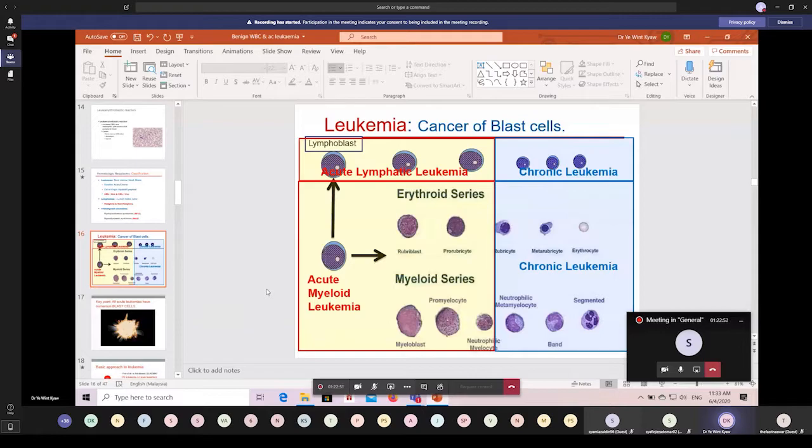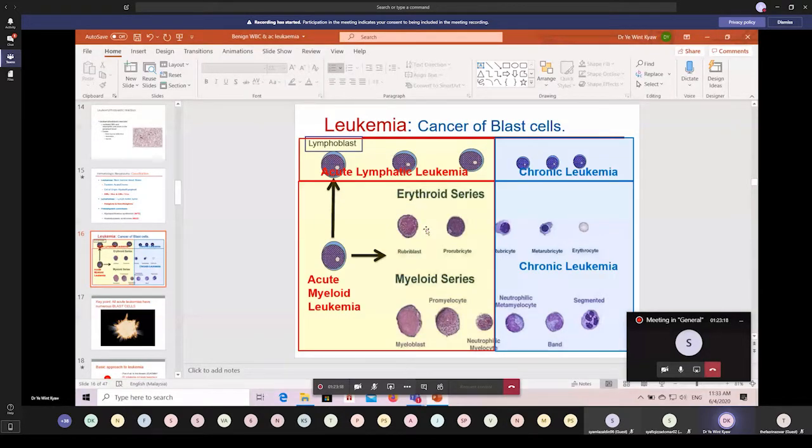This you should know. Acute leukemia: myeloid series, erythroid series, lymphoid series. The myeloid series can include neutrophil, and the erythroid series is still under the myeloid branch only.